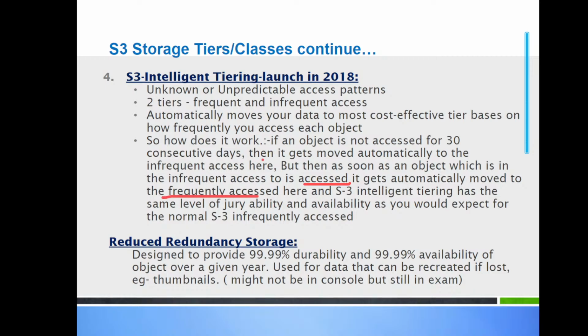So basically, if you are not accessing a file for 30 days consecutively and the data is stored in S3 Standard, it will move to infrequent access. And if you access that file, it will move to standard.